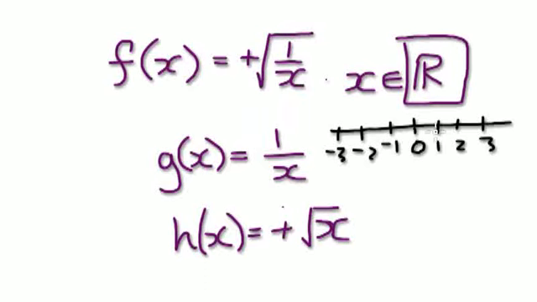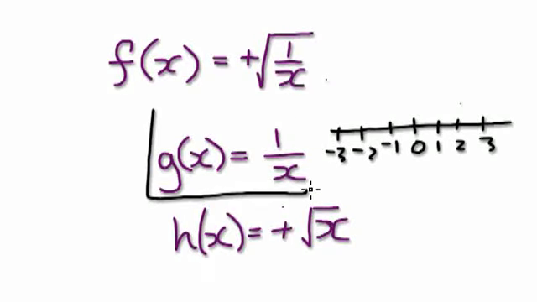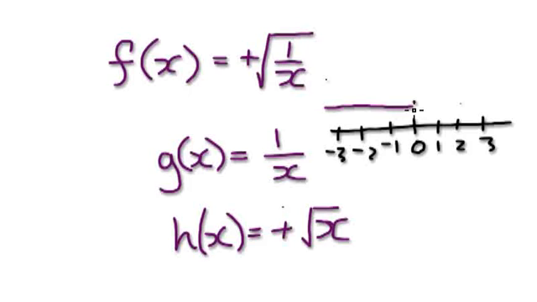So the domain for this function here could be anything on this line, but not 0. So you would probably represent it by this line here. Anything on that real number line, but not 0.